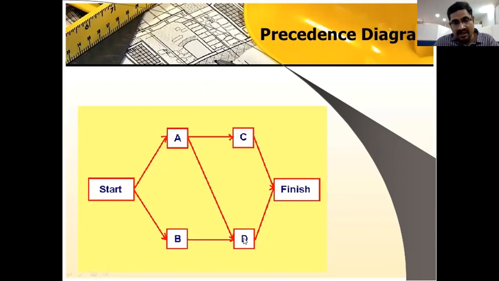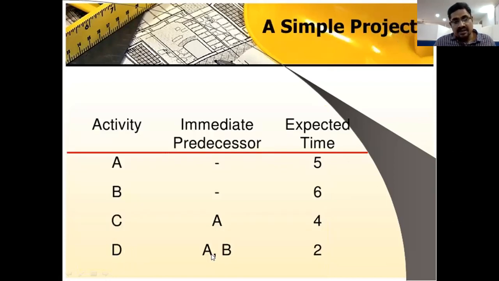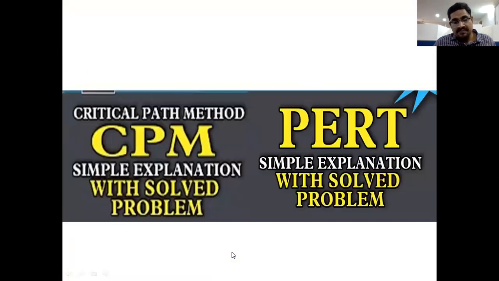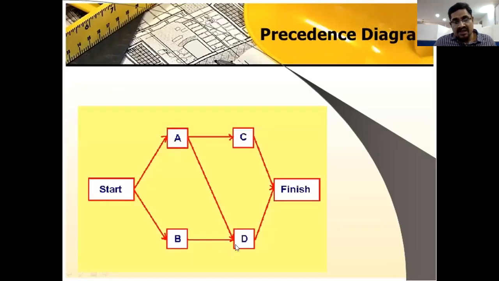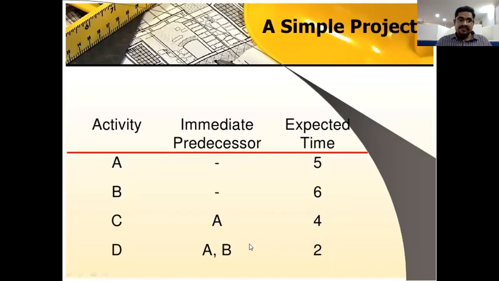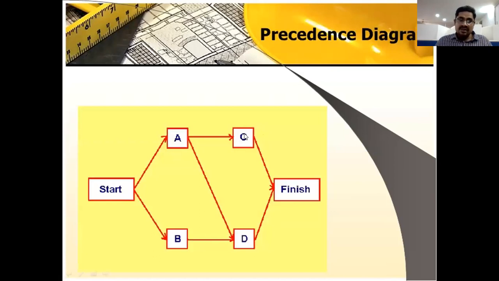So D came from A and B. A completed and A to D. B activity completed and B to D. So D came from A and B, right? Just C and D are the finishing points. This is a simple network diagram.